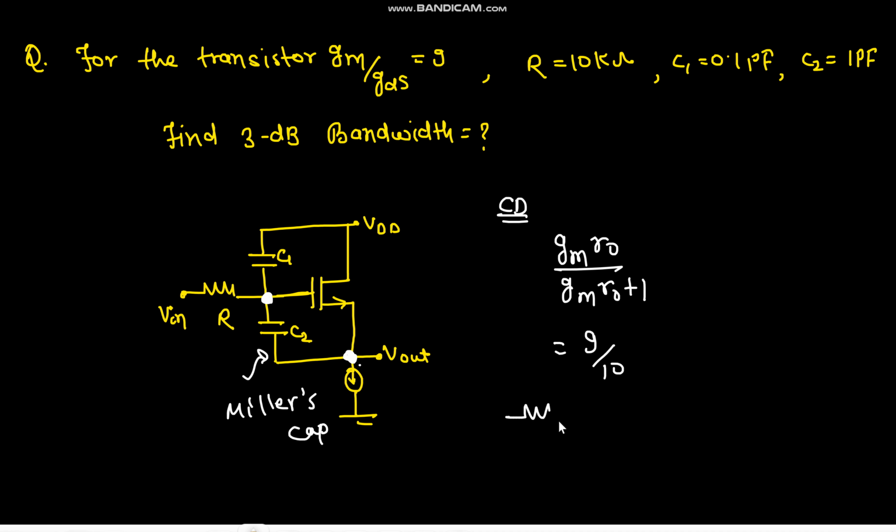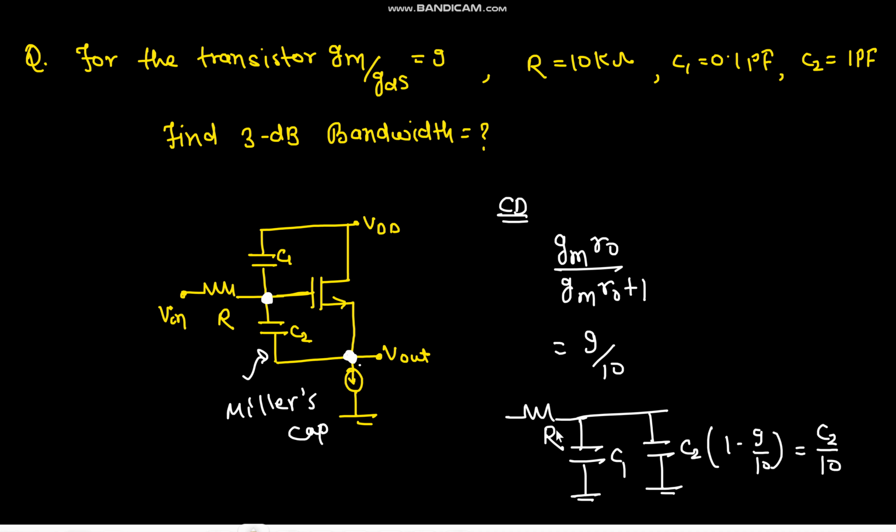So what we can do, this is R. If we do small signal analysis, VDD would be shorted, so this C1 would come here, and now this C2 would come, C2 into 1 minus 9 by 10, it would be C2 by 10, and this is R, this is Vin.